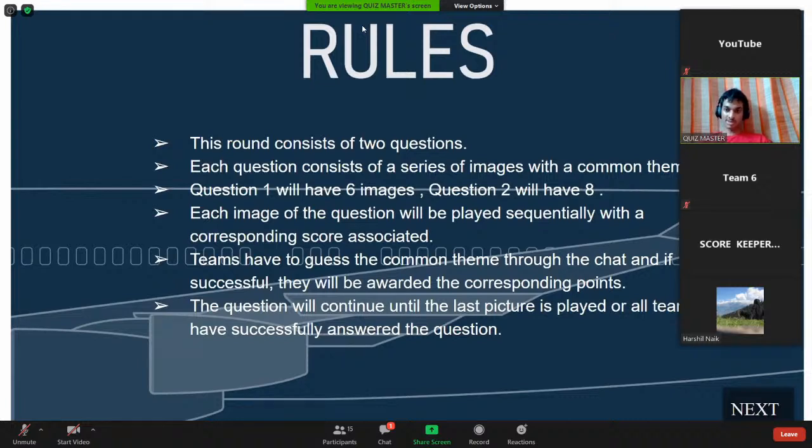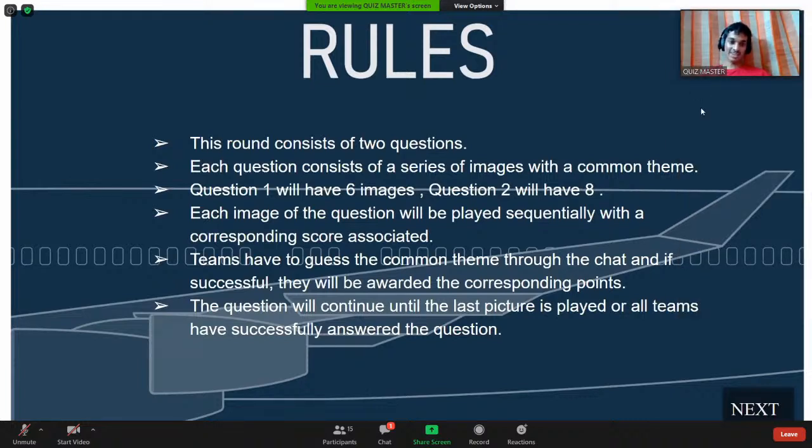Your job is to guess the theme that connects these 6 pictures. Above each picture, we'll show you a score, and when you guess the theme on that picture, you get that score. The first picture has a very high score. The last picture has a low score. Based on when you pick up on the theme, you get the appropriate number of points.